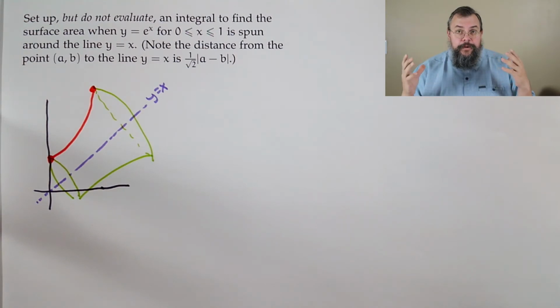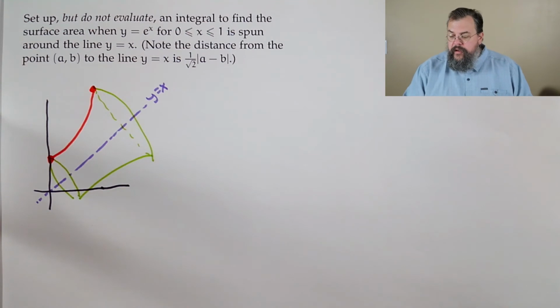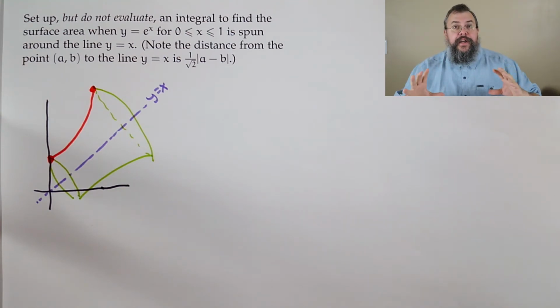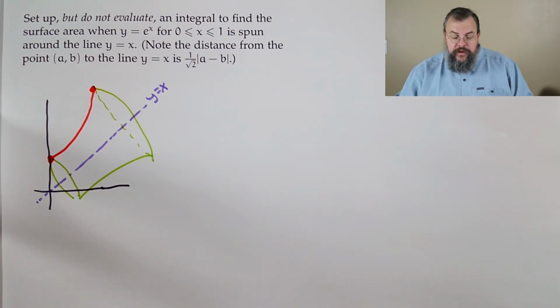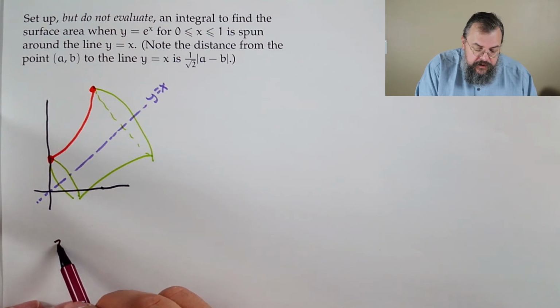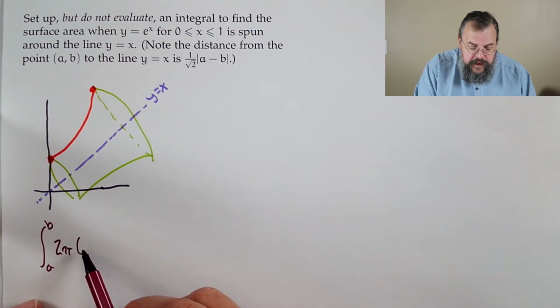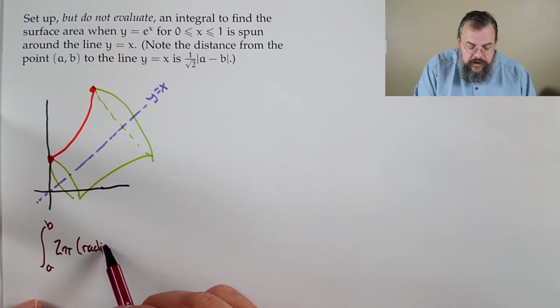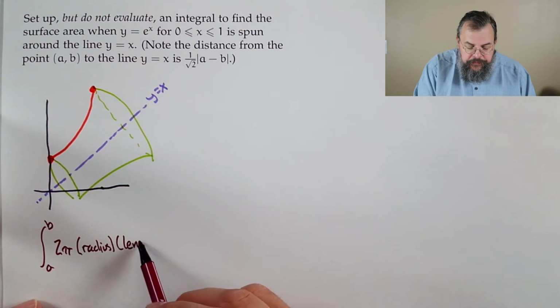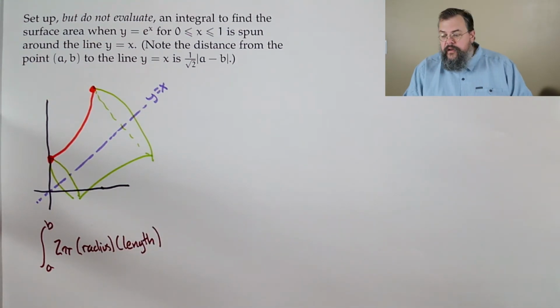But we should see. So one of the nice things here is the flexibility of saying, what is the integral that we're working with? So if you think about our formula, what do we have? Well, it's 2 pi, and we're adding up. Should have started with that. And then there's a radius, and then there's a length, where the length is a piece of the curve.